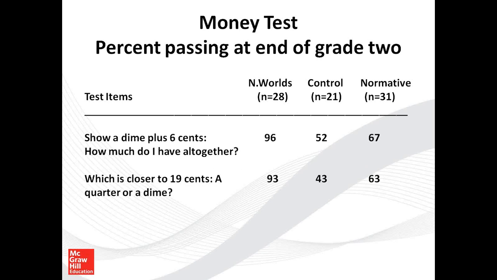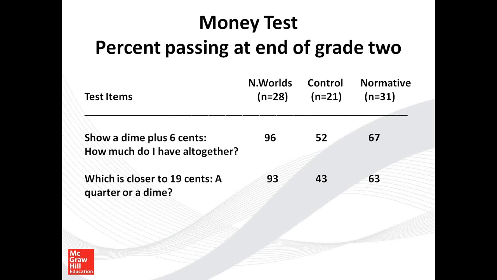And my final slide on the money test, for the first question shown here, we showed students a real dime and 6 pennies on the table in front of them and asked, how much do I have altogether? 96% of the Number Worlds students were able to say 16 cents.